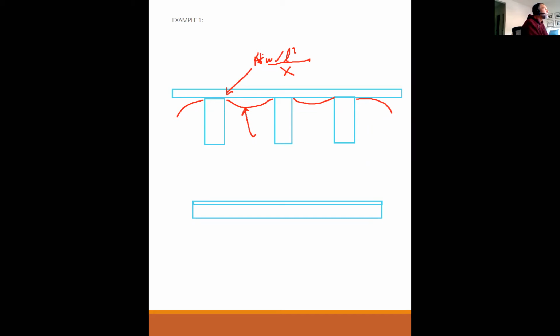And because the problem said that it's simply supported, that means that it is supported here and that it is supported here by definition of the problem. So the one-way slab is bending like this, but the beam, which is in and out of the page, is deflecting like this.